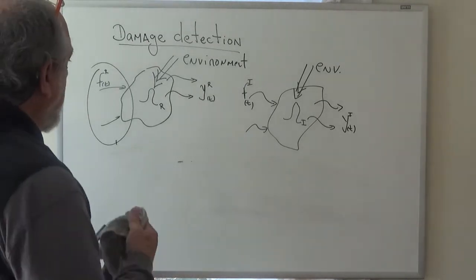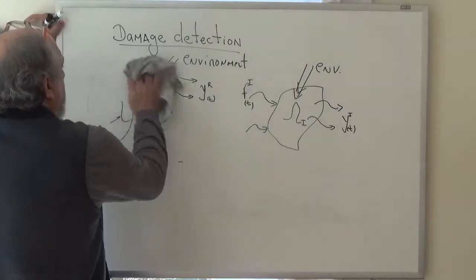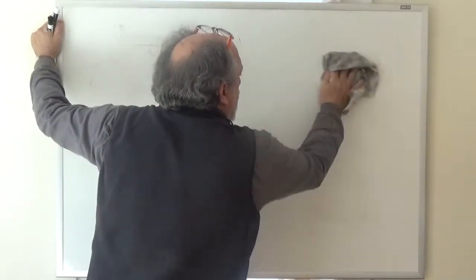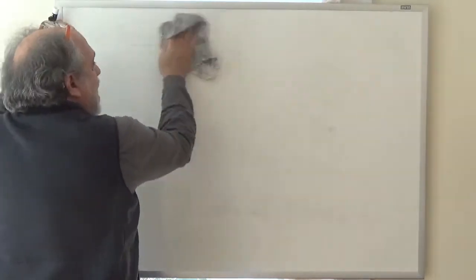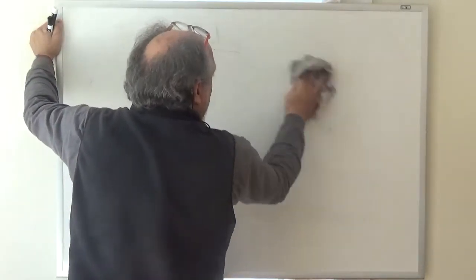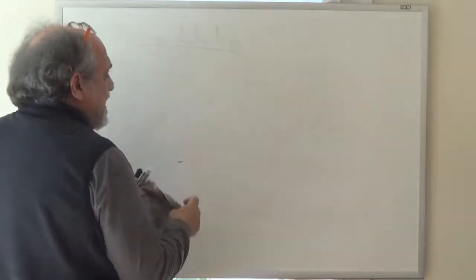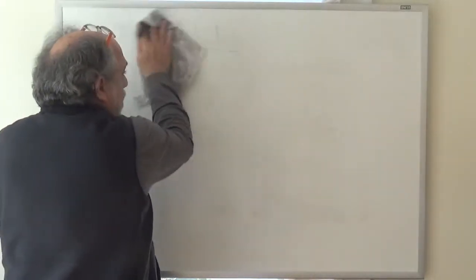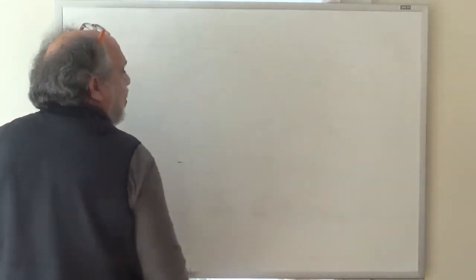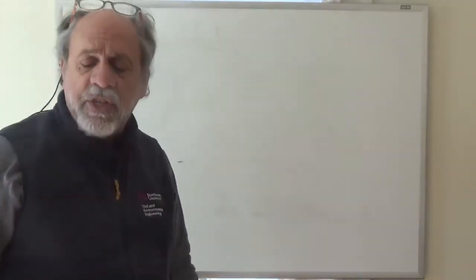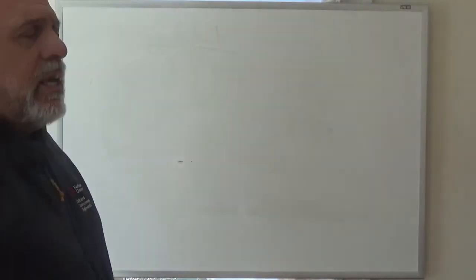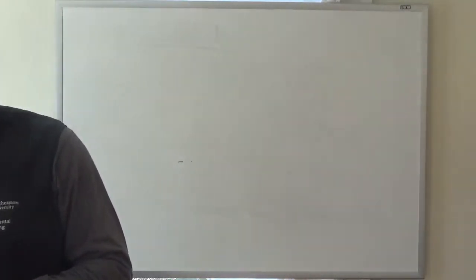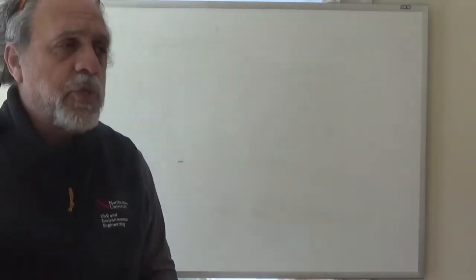But the point is that at this stage, all we want to do is to appreciate that damage detection is a statistical problem. It's not a deterministic problem in which you just say, oh, this should have been 2 and it's 2.05 and that's it. The thing that you are using to characterize whether there is damage or not is a fluctuating quantity.